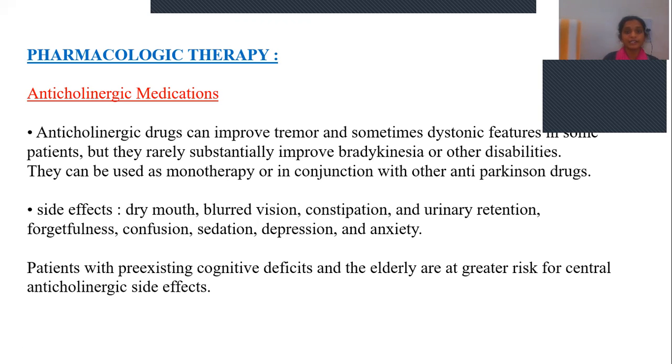So this is about anticholinergic drugs. These were mainly used for tremors and also dystonia. In these two conditions, if the patient has Parkinson's disease, it is the best choice, and it can be used as monotherapy and also in combination with other anti-Parkinson drugs.